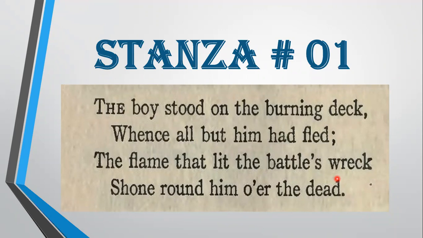He was the son of a commander in the army. There was a battle going on at the Nile, and this is the true incident that happened in 1798 during the Battle of the Nile.